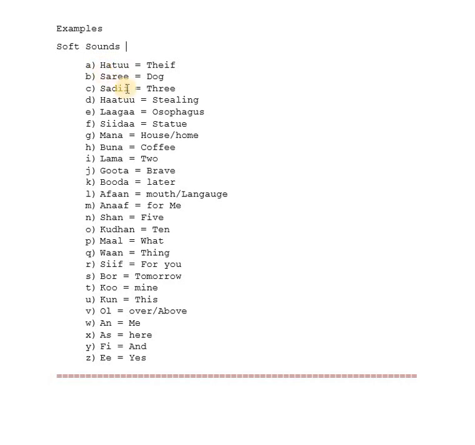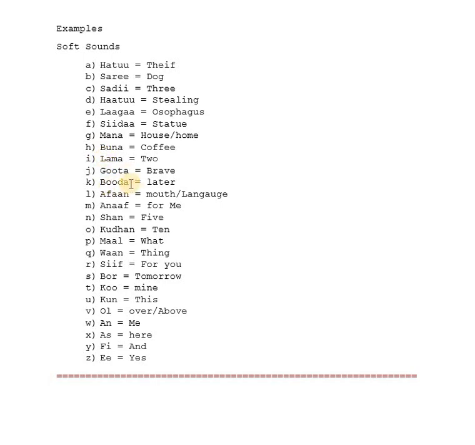If you can see, these three have the same structure, and these three have the same structure. They are just giving you examples of different soft words. Sida, Mana, Buna, Lama. These also have the same structure.